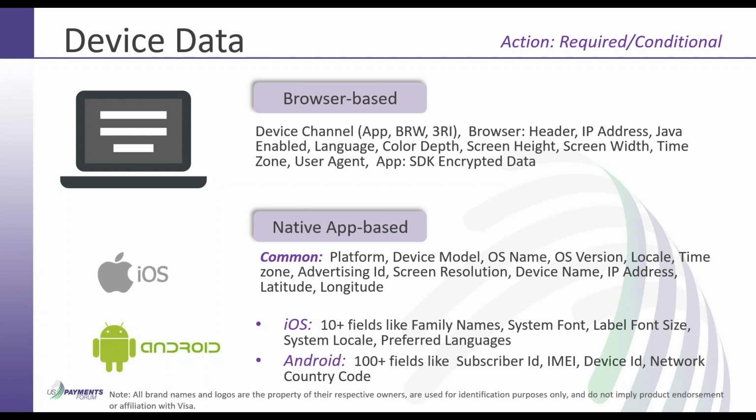And then when we get into iOS and Android specific, these are more conditionally required. If you're able to collect these or using an EMV 3DS SDK to collect these, then do so and pass them. And then from Android, they have over 100 fields that can be collected as well. Next slide.